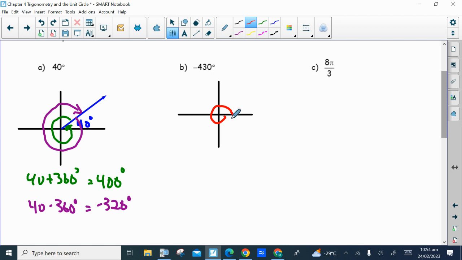Now, if we went another 90 degrees from negative 360, that would take us to negative 450, which is too far. So we need to back up a little bit. Instead of negative 450, we need to be at negative 430, so that would be approximately there.